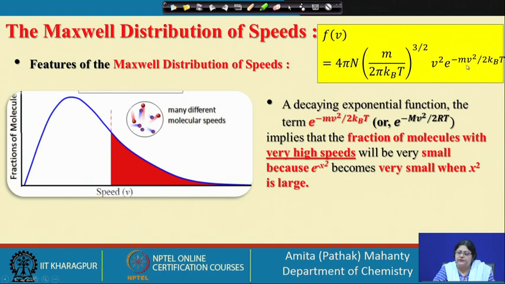So it is the velocity which is changing, and depending on the velocities I can say this is e to the power minus x square. So it is an exponential decay function.